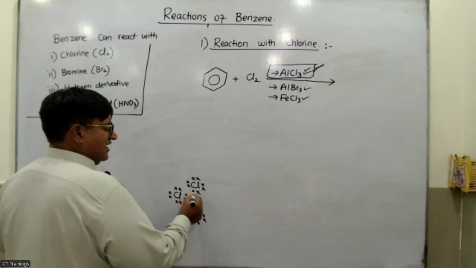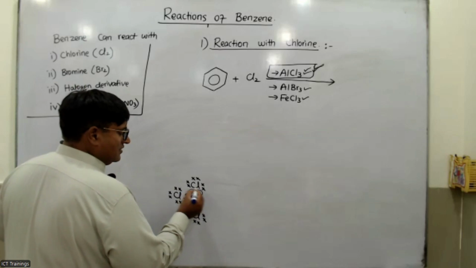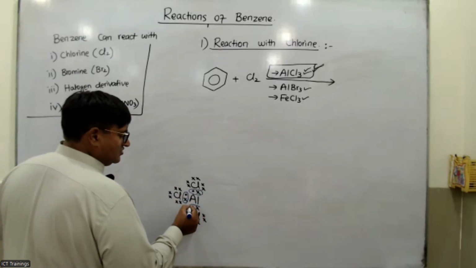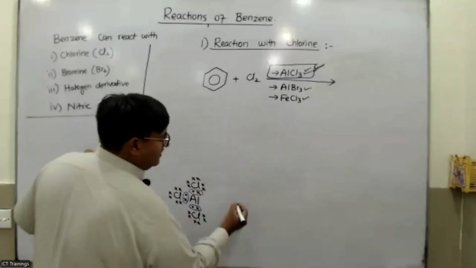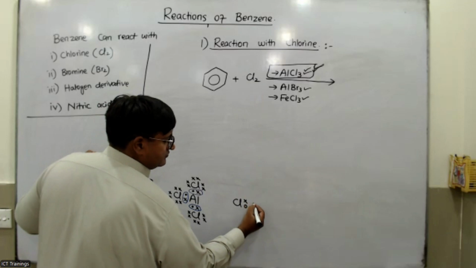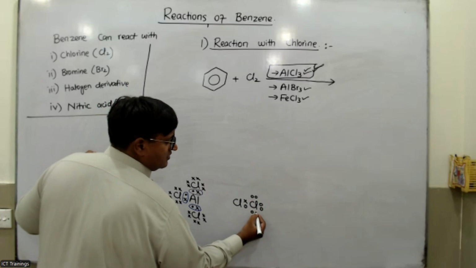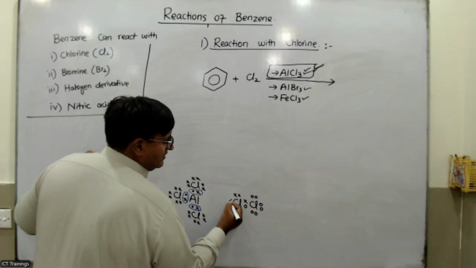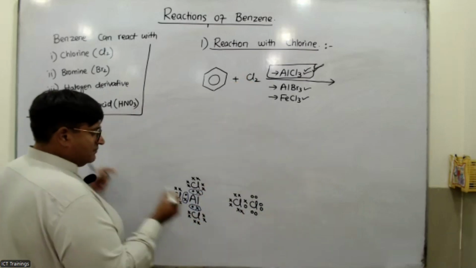Okay, so this aluminium has 6 electrons in its valence shell. Now what would happen? One of the chlorines I am going to draw with white dots, and for another chlorine I am taking crosses.